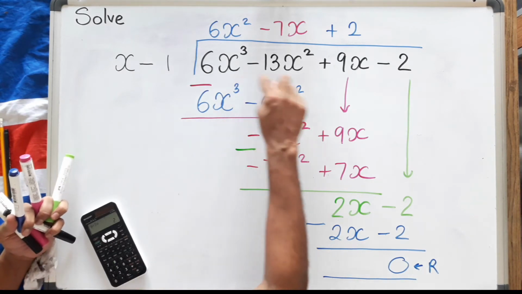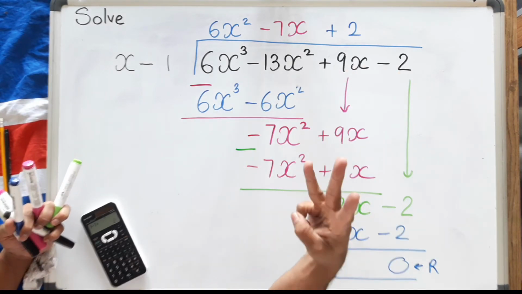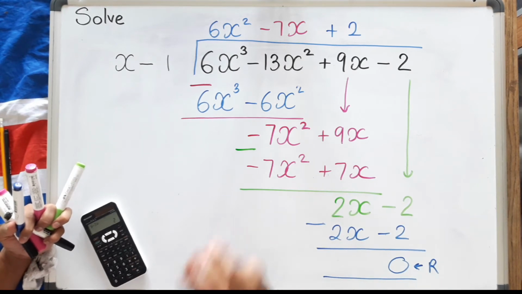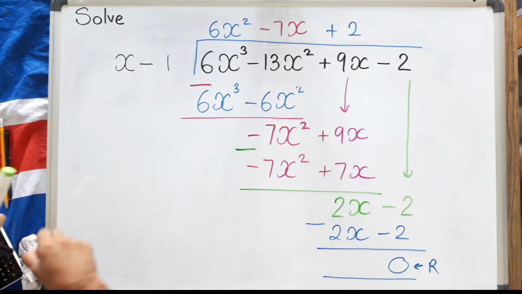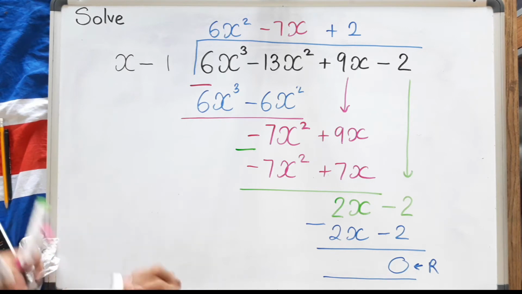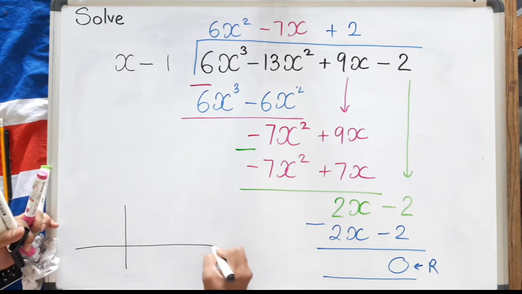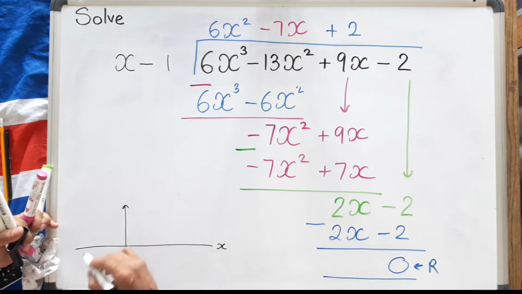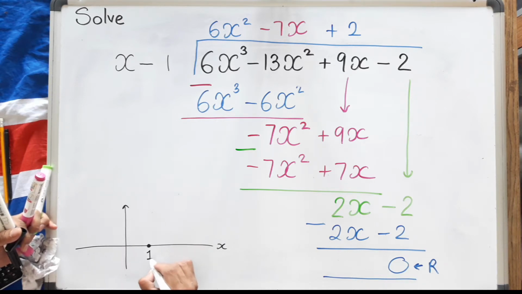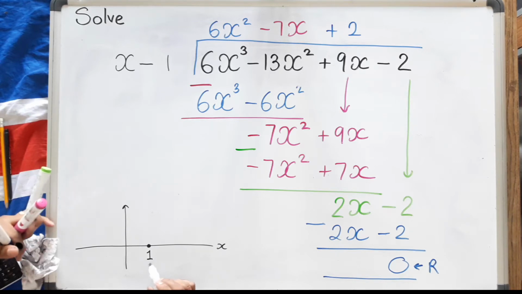But a cubic has 3 solutions. Remember, it cuts the x-axis at 3 places. So, we figured out the first one, right? We know it cuts the x-axis at positive 1, but this was our guess. It cuts the x-axis at 2 other places.